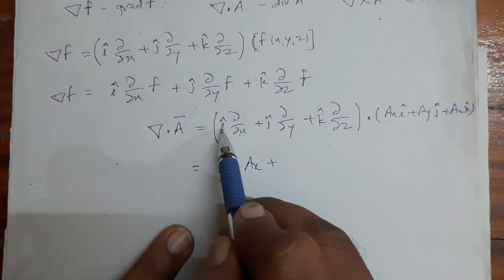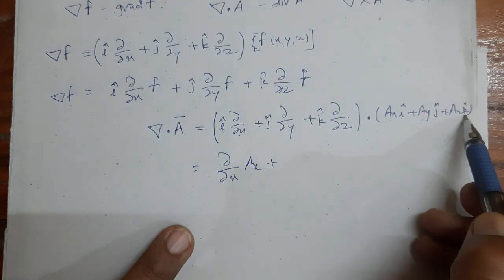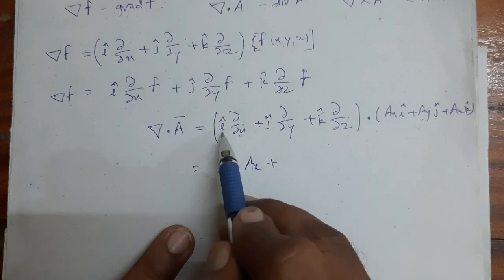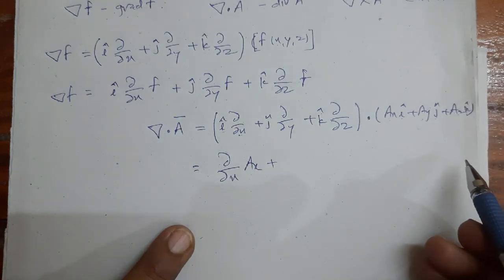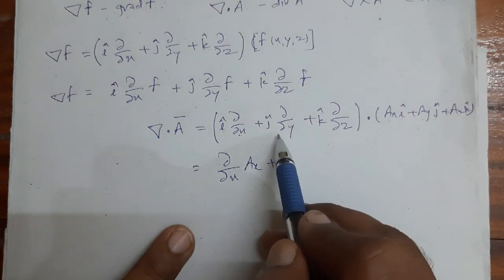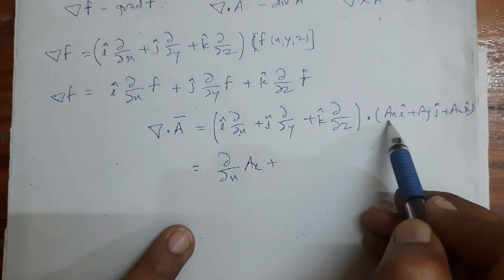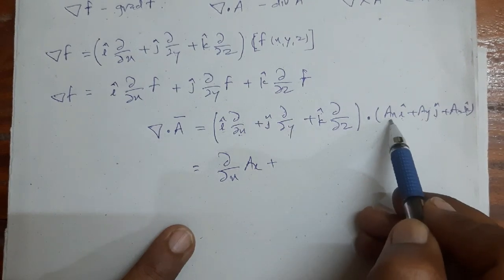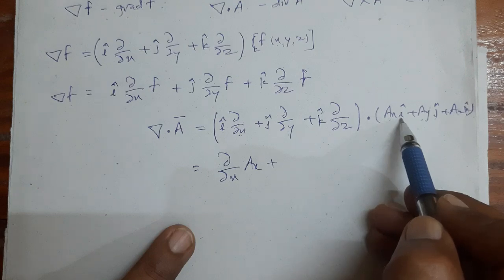Similarly, if we operate i cap ∂/∂x on az k cap, then the derivative of az with respect to x may not be 0, but i cap dot k cap is equal to 0, and therefore this third term will vanish. Now we will begin with the operation of j cap ∂/∂y on ax i cap. Again the same situation, ∂/∂y of ax may not be 0, but j cap dot i cap is 0. They are perpendicular to each other.